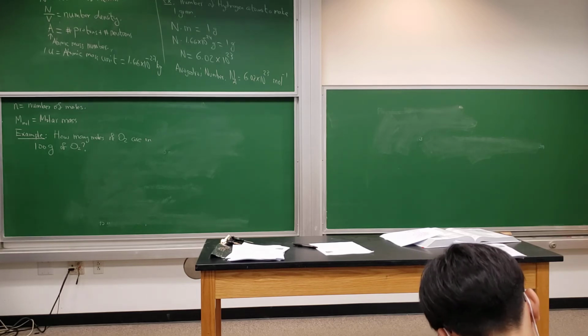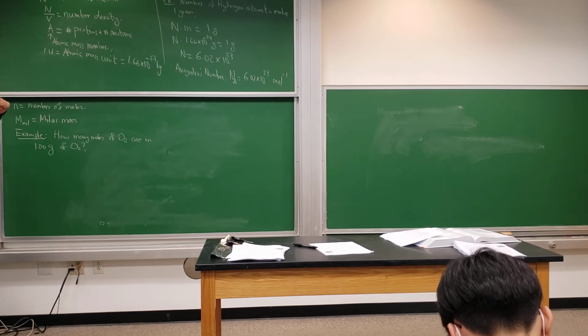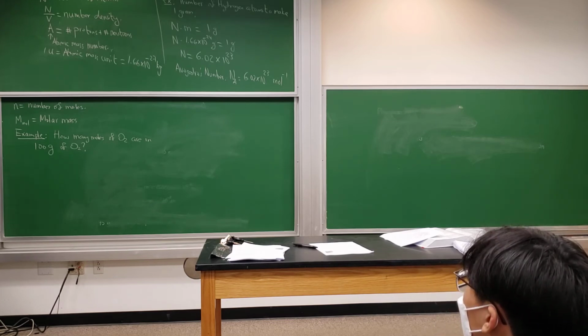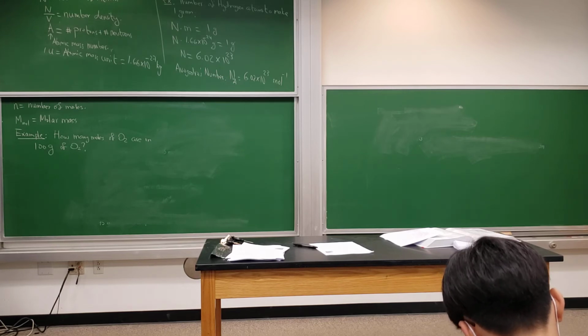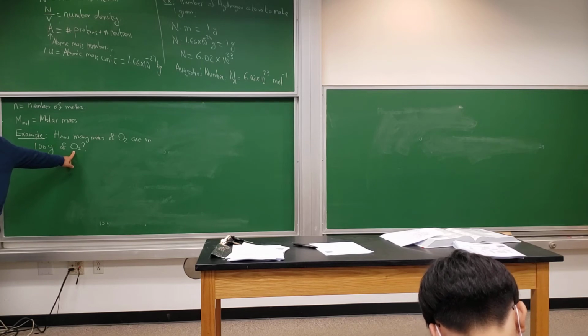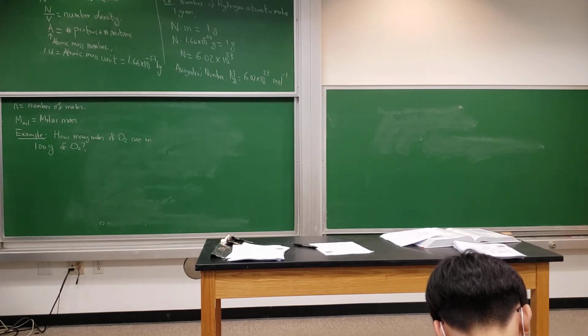An oxygen atom by itself will weigh 16, so a mole of oxygen atoms by themselves will weigh 16 grams, right? So a mole of O2 will weigh how many grams? 32. Yeah.